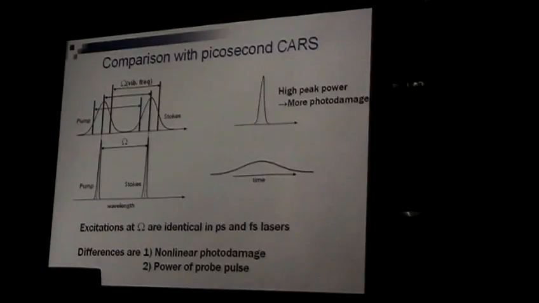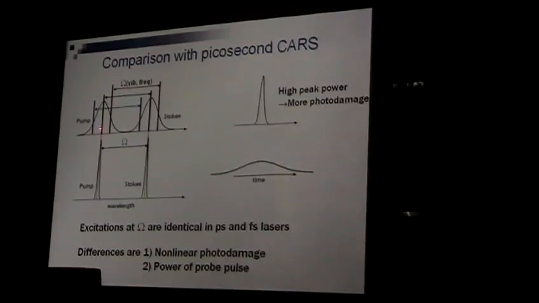I talked about this before. In a picosecond pulse, you combine two narrow bandwidths, and all the power here and here is used to create one vibration. Now, in the femtosecond version, this blue pair, black pair, red pair can create the same vibration.